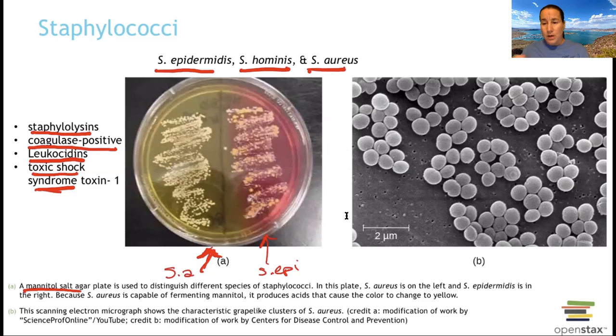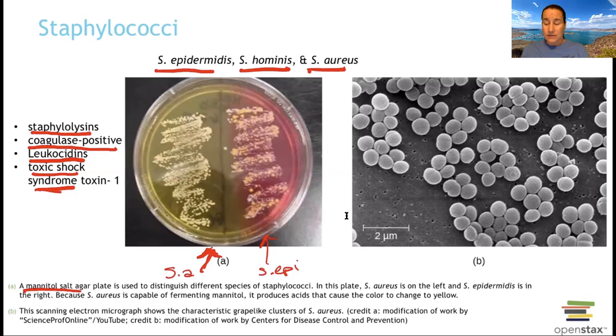So if you run a plate and after you incubate it, it grows yellow instead of red, since normally mannitol salt just looks red, then that color change means it is fermented, it's a pH change, and you know you've got Staph aureus.